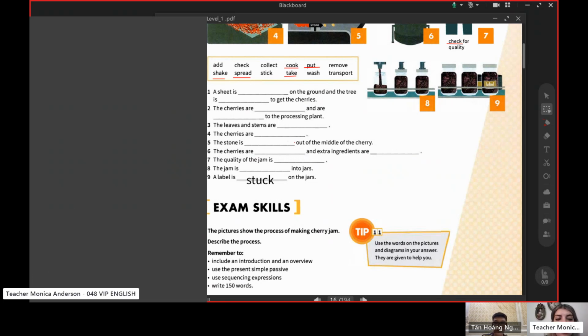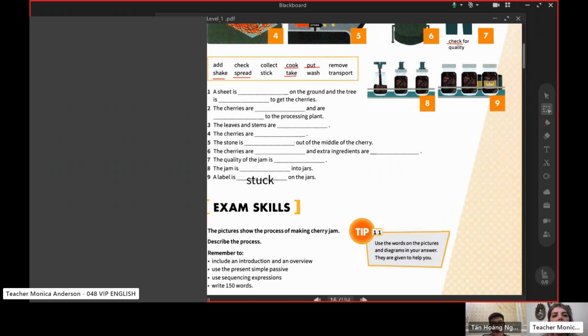Instead of shows, the synonym I told you is demonstrate. We can use demonstrate. The given illustration demonstrates the process of cherry jam production. But yours is correct.